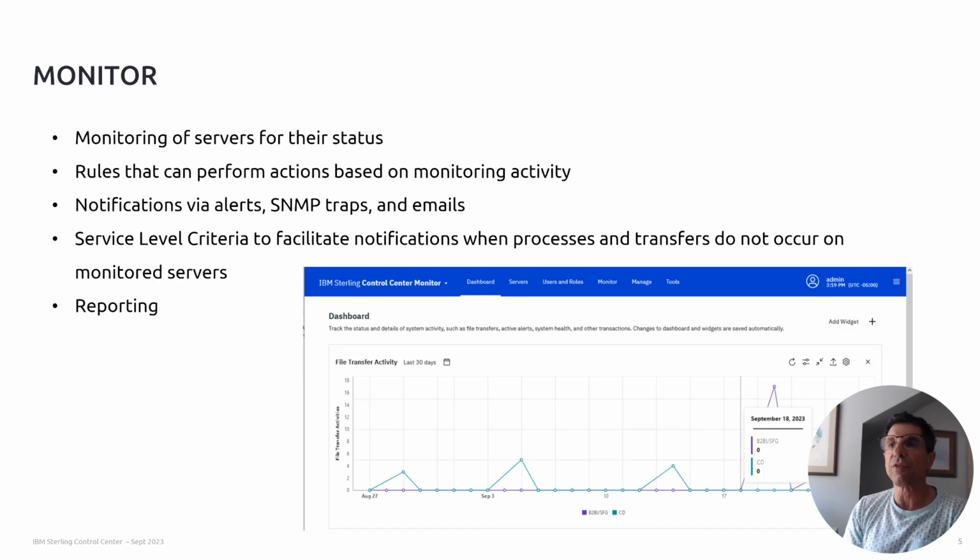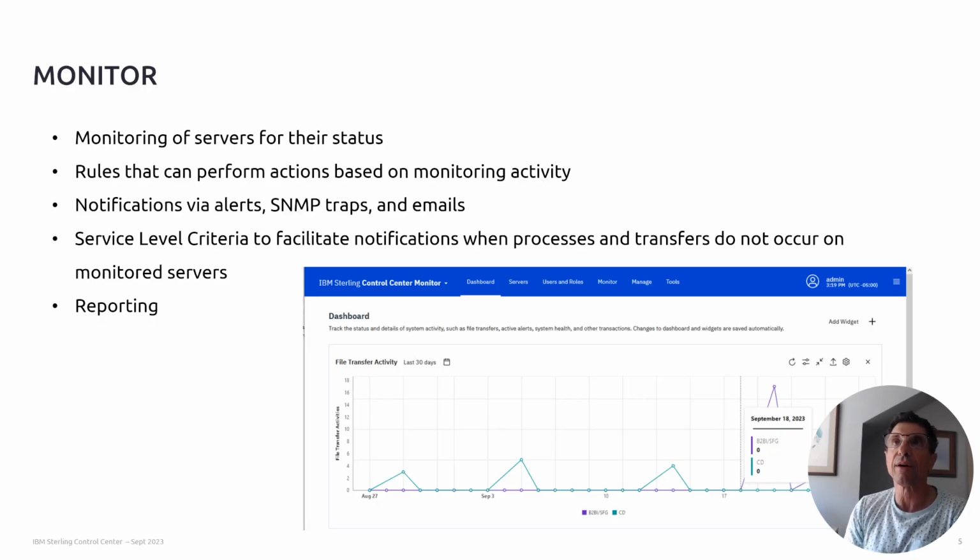Well, what service level criteria allow you to do is, say you have a process that's supposed to run by a certain time, or a series of transactions that shouldn't take more than, I'm making it up, 15 minutes. Well, rules need something to trigger them, and service level criteria can be used to generate events when things don't happen.